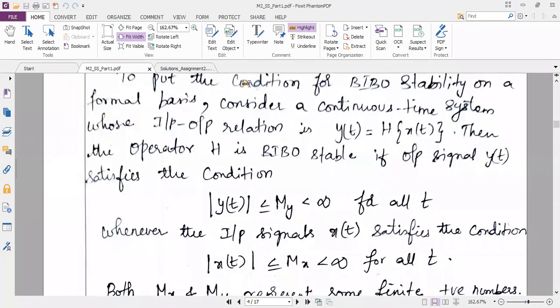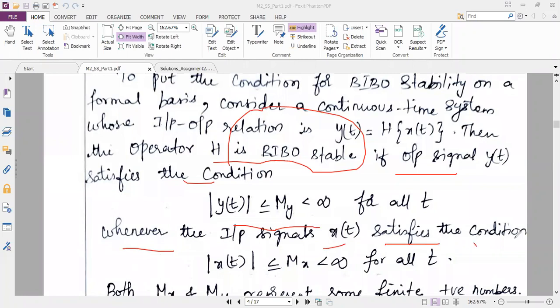My output y of t should satisfy the condition for H to be BIBO stable when my input signal x of t also satisfies the condition. If my input signal x of t satisfies the condition, then my output signal y of t also satisfies this condition, then I can call my H BIBO stable. Am I right here? Am I clear?